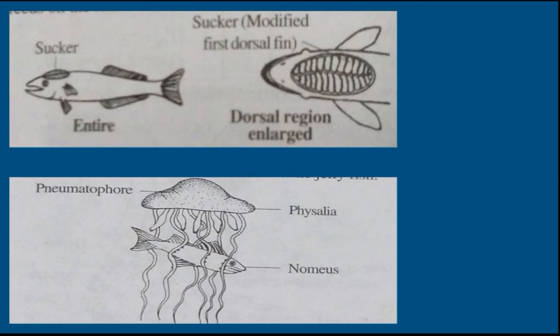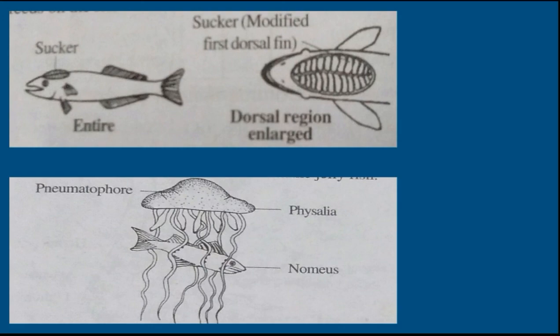It is used for attachment to the ventral region of the shark, and commonly it is found attached to sharks. The suckerfish gets two benefits. First, it is transported by the shark. Second, it feeds on the leftovers of the shark.